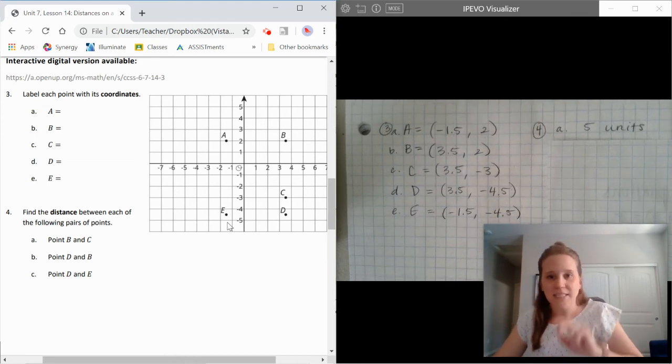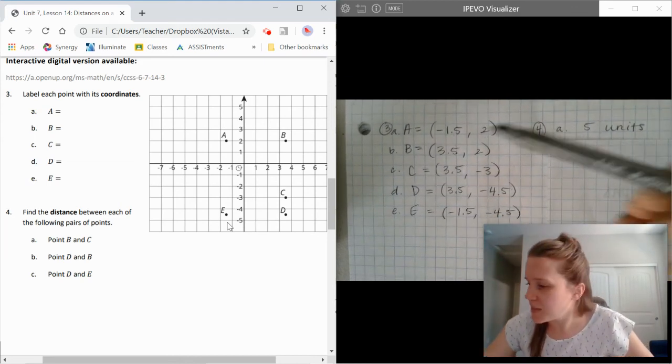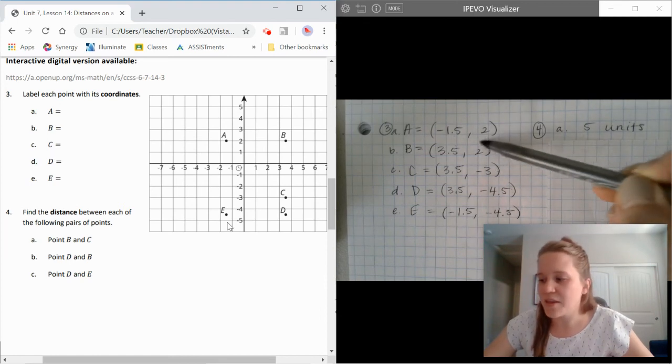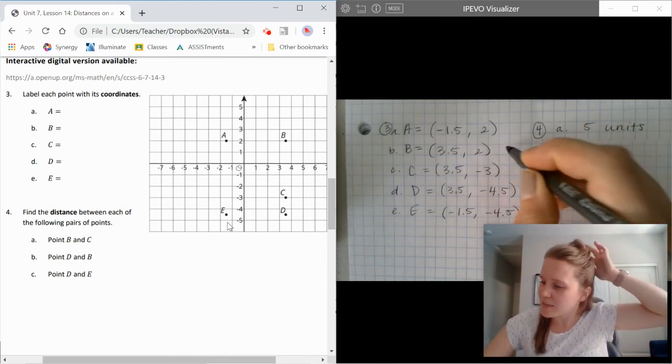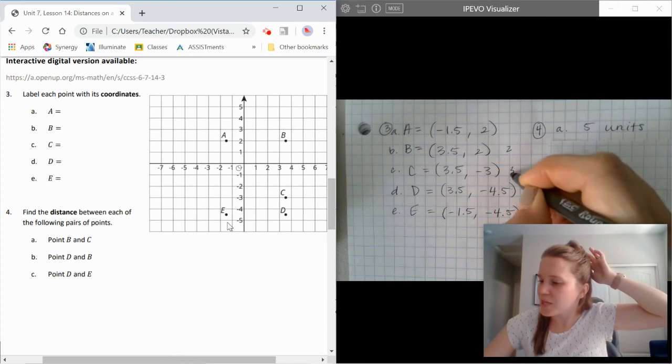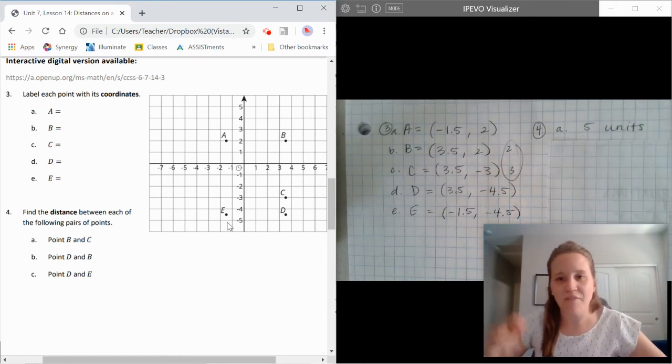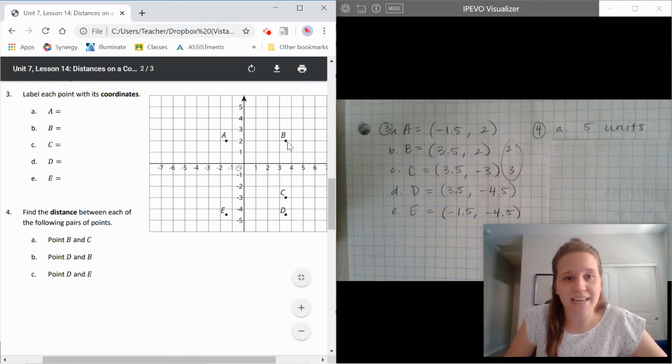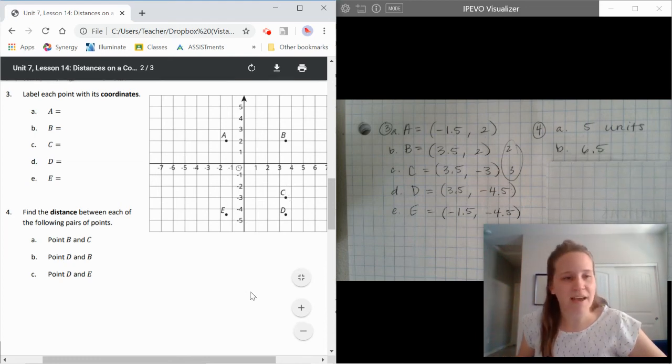You can do that 2 ways. You can look at their coordinates. I'm thinking about B and C, and I know that this one is 2 away from 0, and I know that this one is 3 away from 0, so I can find the sum there, and I know that that's 5 units apart. I can also look at the grid and I can count boxes. 1, 2, 3, 4, 5. For B, 6.5 units.